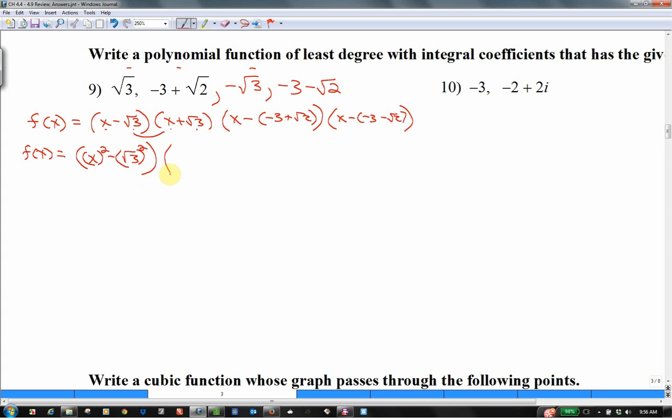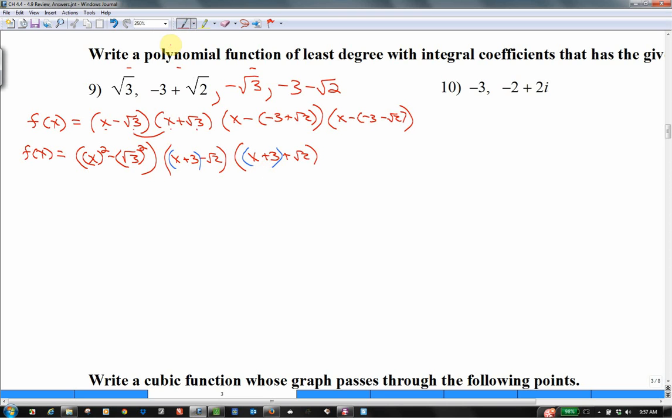That would be x, the negative would distribute, so that would be x plus 3 minus the square root of 2, times x plus 3 plus the square root of 2. Now what these are is a difference of squares. If I think of it like this, I have the same variables, one's added and one's subtracted.